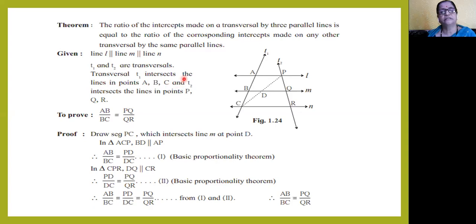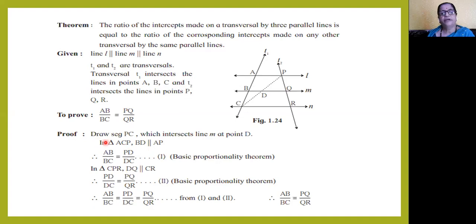Transversal T intersects the lines at points A, B, C, and T2 intersects at the points P, Q, R. So we have to prove that AB divided by BC equals PQ divided by QR. Then we will go here to prove this.